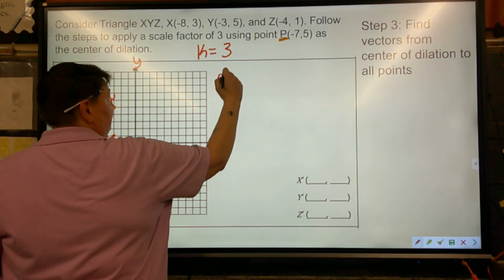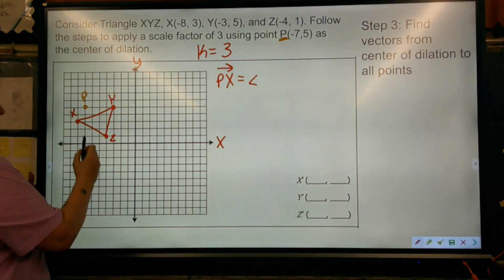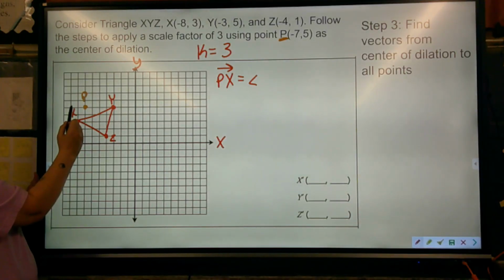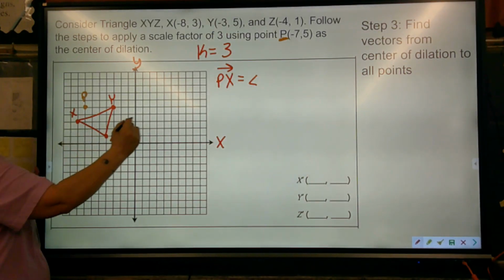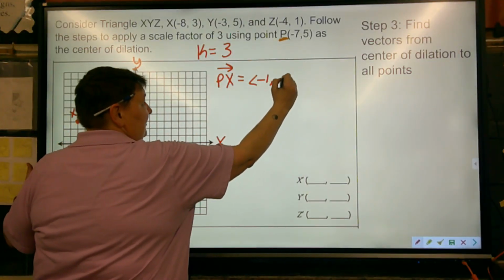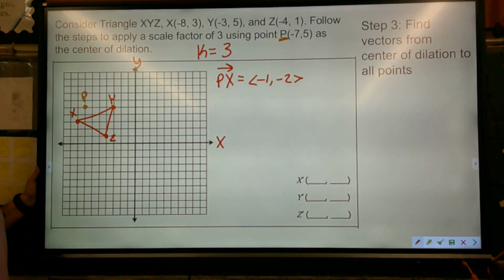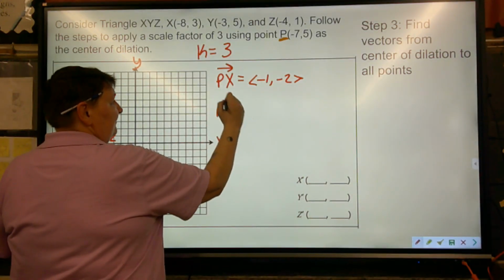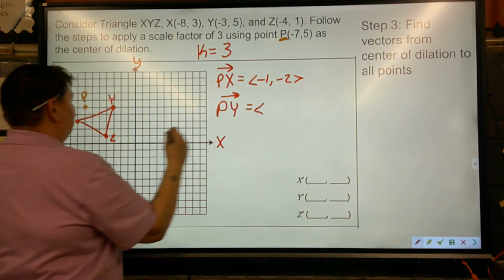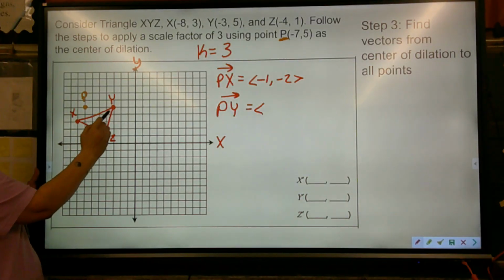So for example, first we're going to go from P to X. From P to X, we had to go left 1, down 2. From P to Y, we had to go right 4, no up or down.